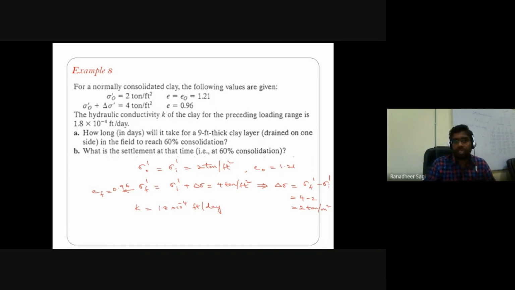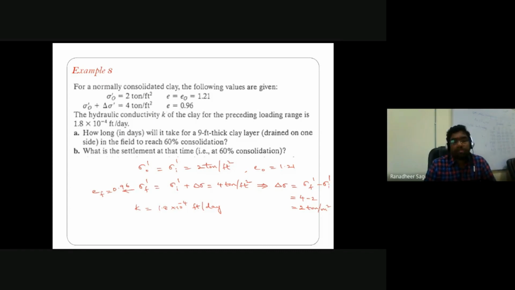So two things are required. One is the time required to reach 60% consolidation in the soil with one-way drainage, and second is the settlement corresponding to that time when reaching 60% degree of consolidation.